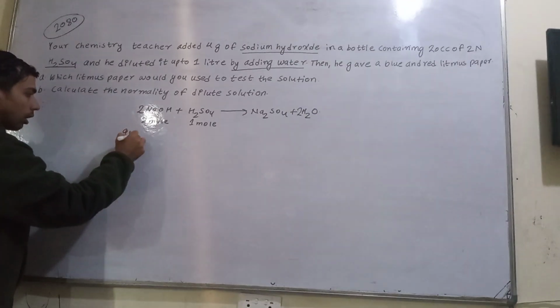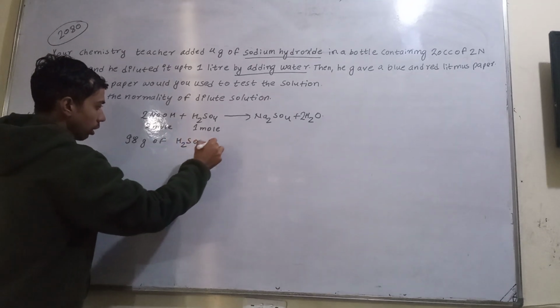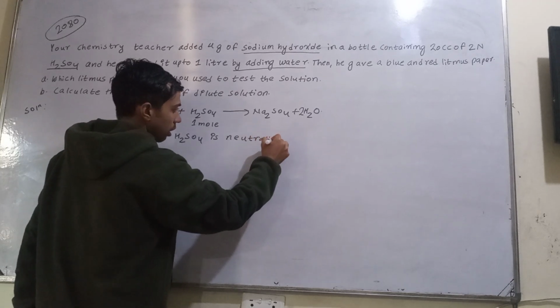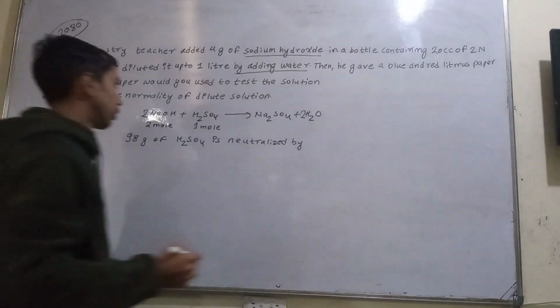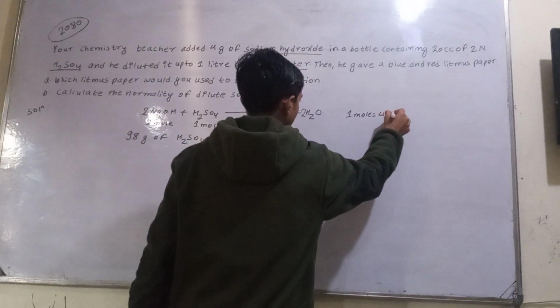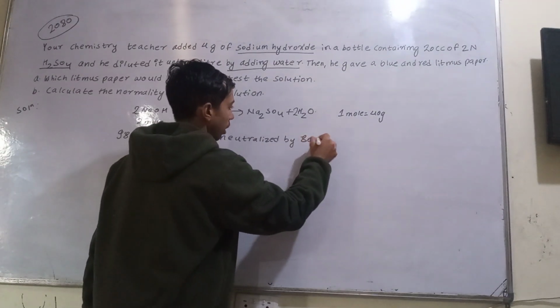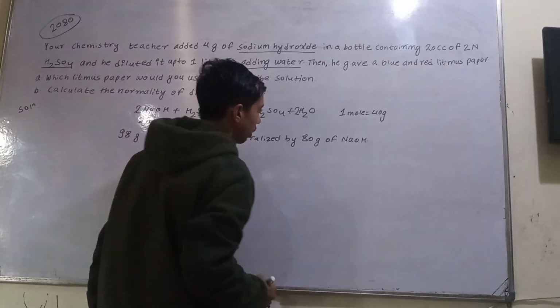That means 98 grams of H2SO4 is neutralized by 2 moles of NaOH. 1 mole of NaOH equals 40 grams, so 2 moles of NaOH is 80 grams.